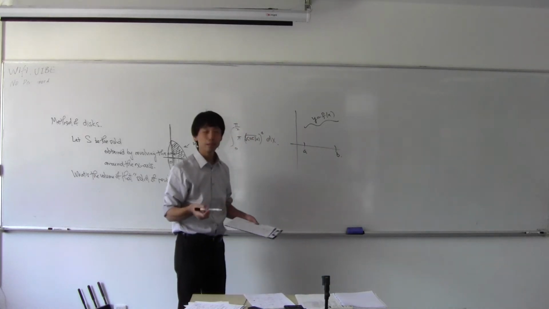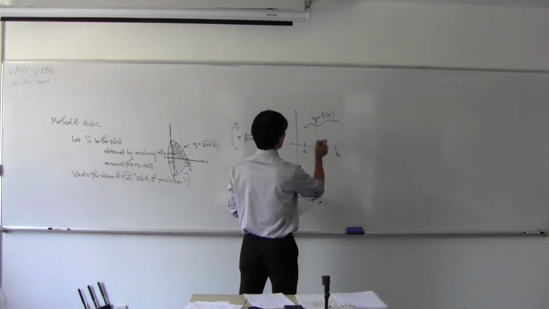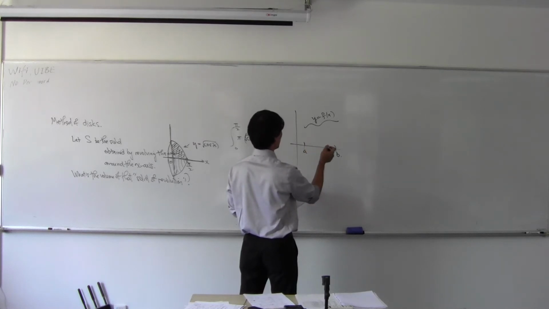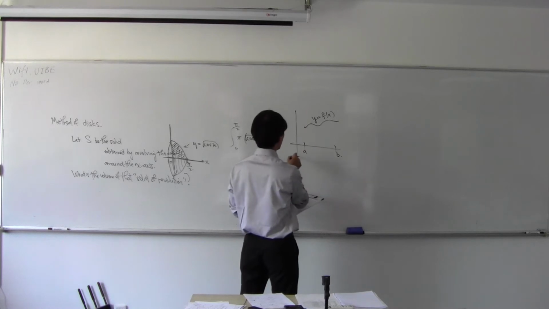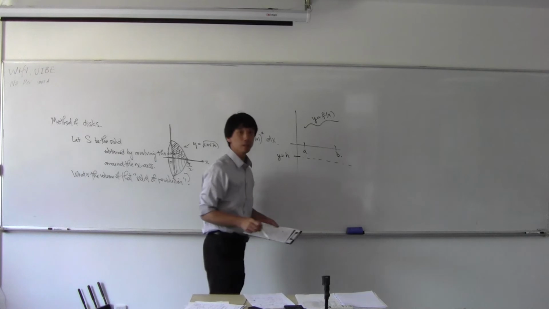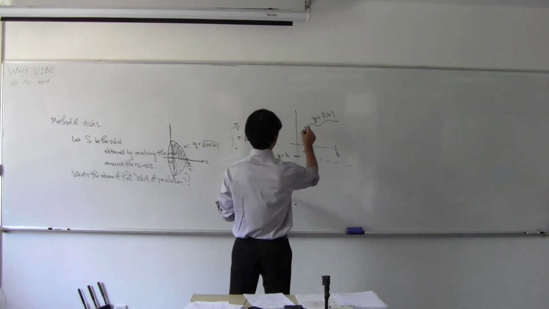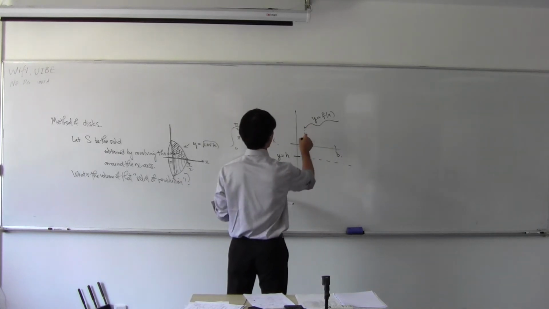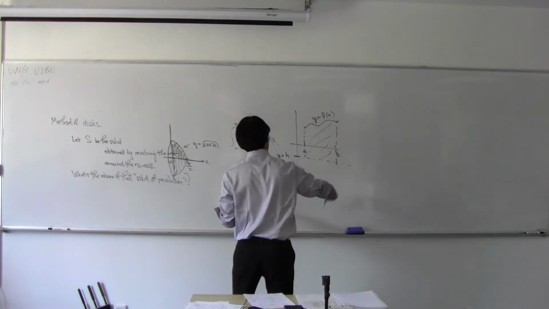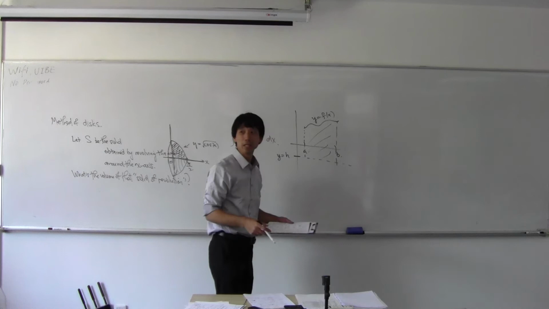Okay, and then they'll say rotate around some line. Let's say that here's the line, y equals h. So let's say rotate that object around that line. So you take this solid thing, and then you rotate it around the line, and you get some sort of solid.